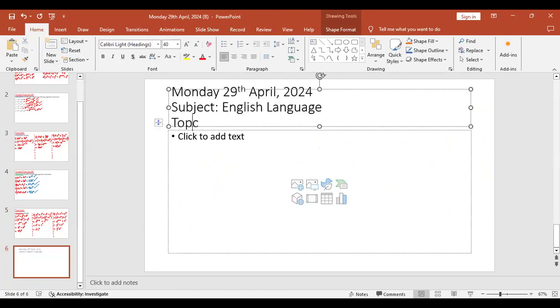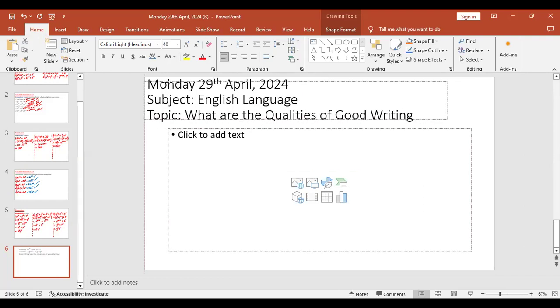The topic is, we're going to be looking at what are the qualities of good writing?